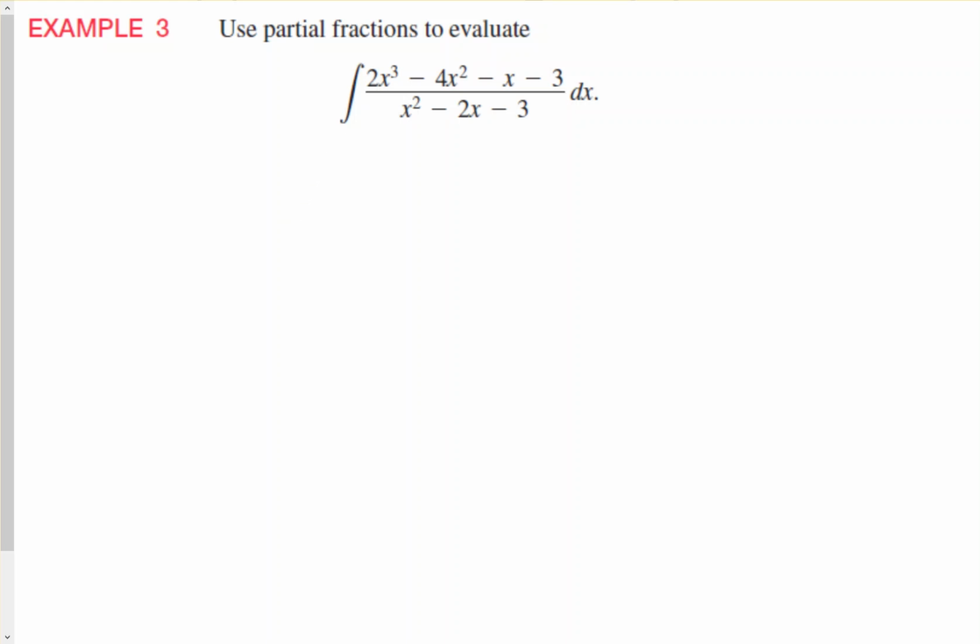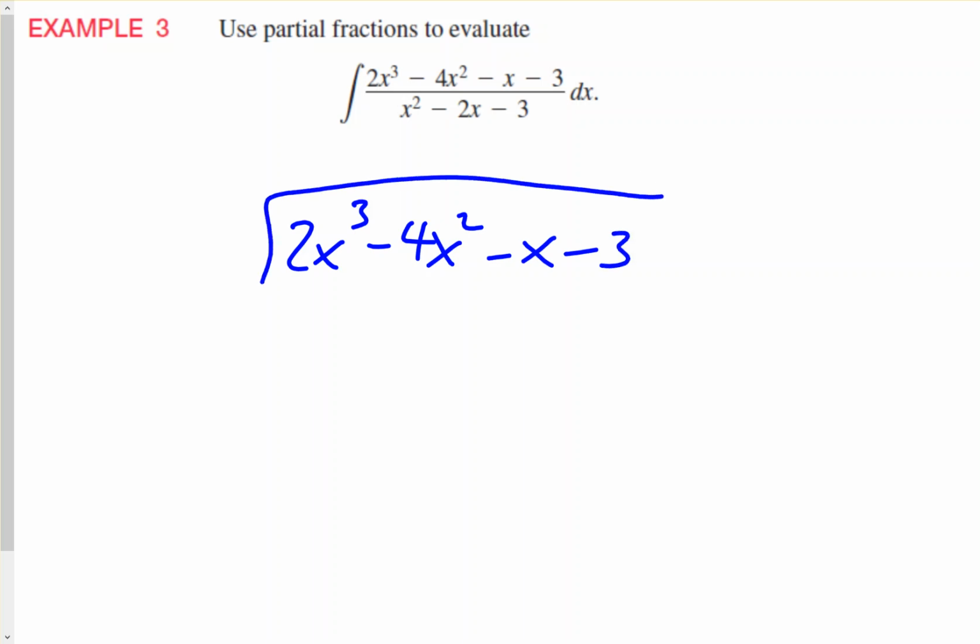So we have the top going inside: 2x cubed minus 4x squared minus x minus 3, divided by x squared minus 2x minus 3.